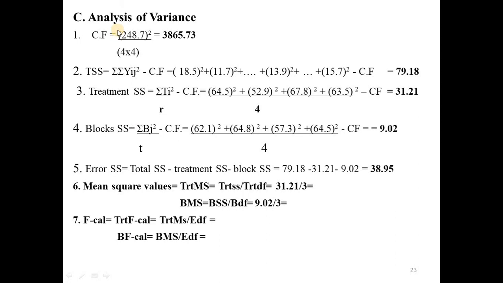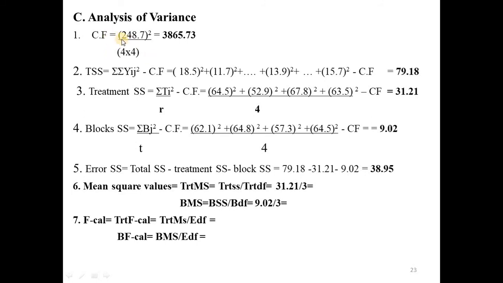So the third step is carrying out the analysis of variance, or ANOVA, after we have put in the missing value and the corrected values for the totals of treatment and block, as well as the grand total. The first one is calculating the CF.